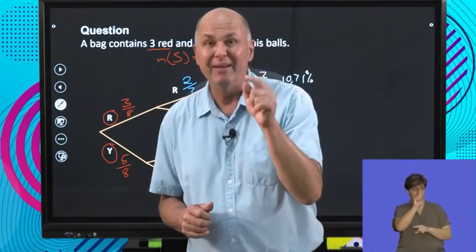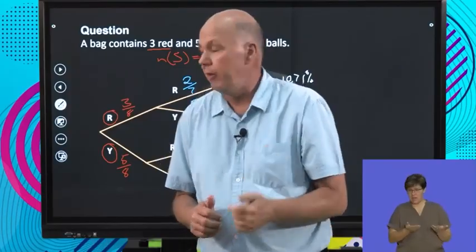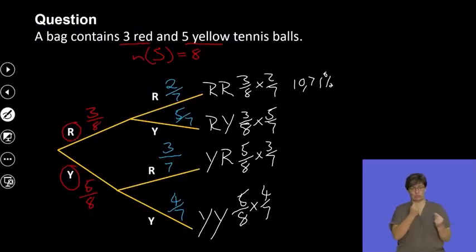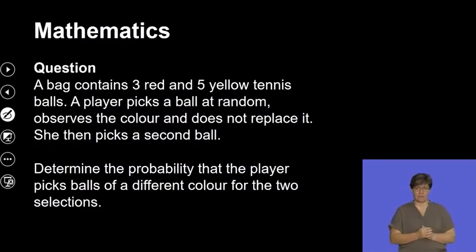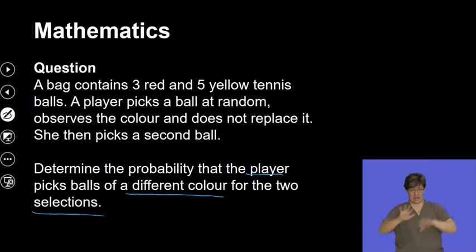Now guys, I can carry on and do all of those calculations just using the calculator. I'm not going to waste time doing that. Let's have a look at what the next question is, because we might not need to do all of those calculations. Here we go. It says determine the probability that the player picks balls of different color for the two selections.